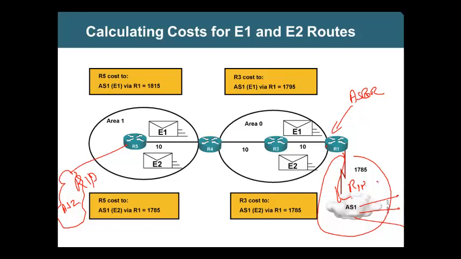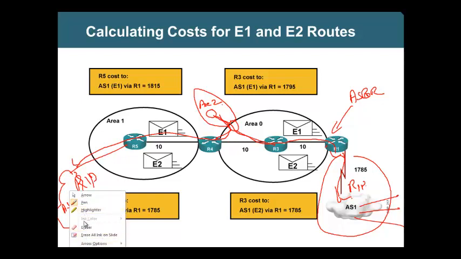Now you see, if you have another area, area 2, this area 2 can reach the internet this way, and may also take this way. Which way should it take? According to me, I'll say it should take this way.